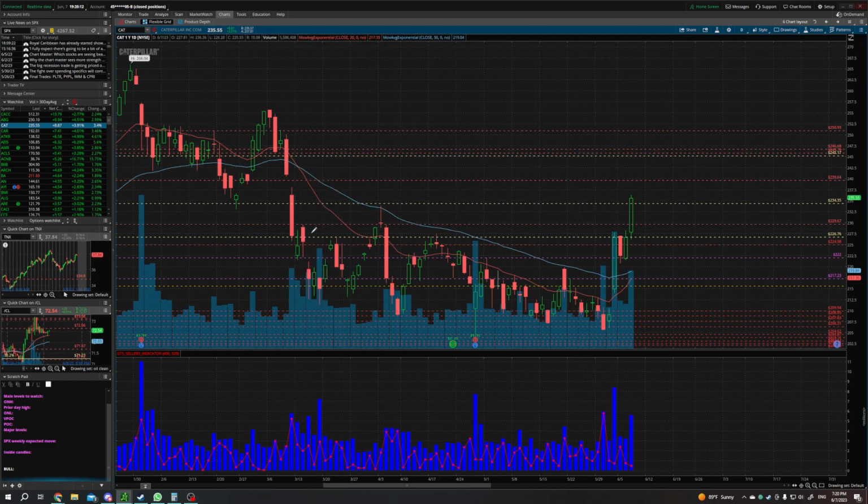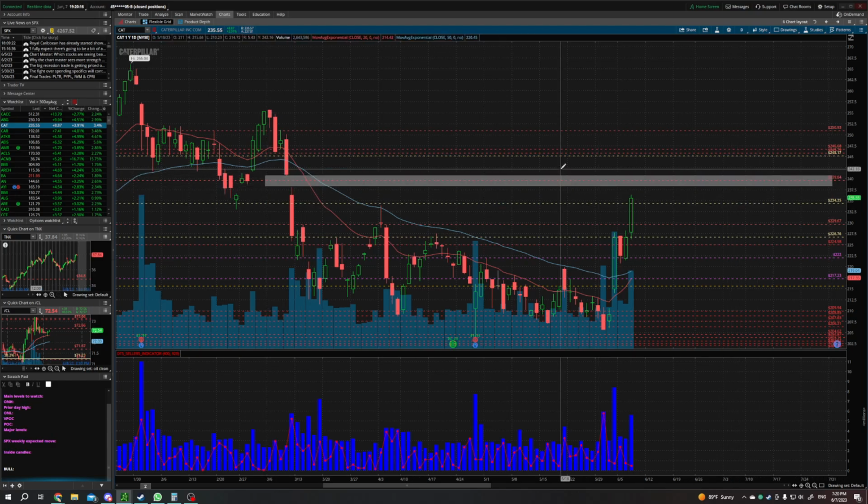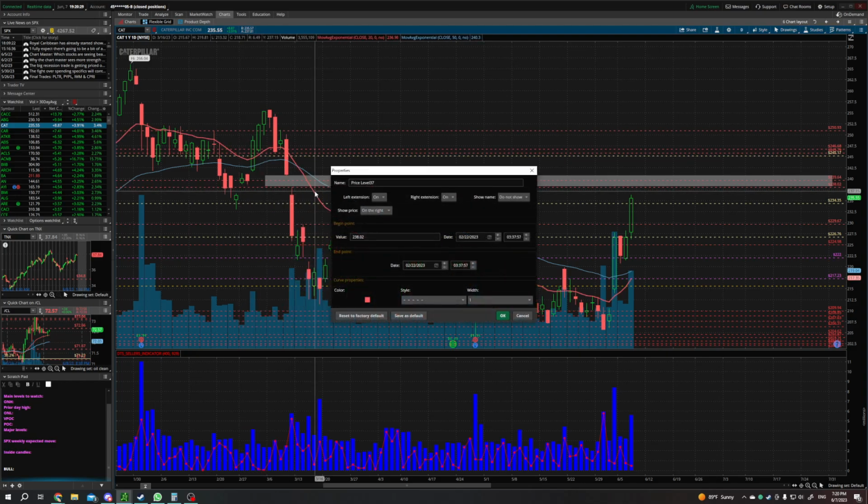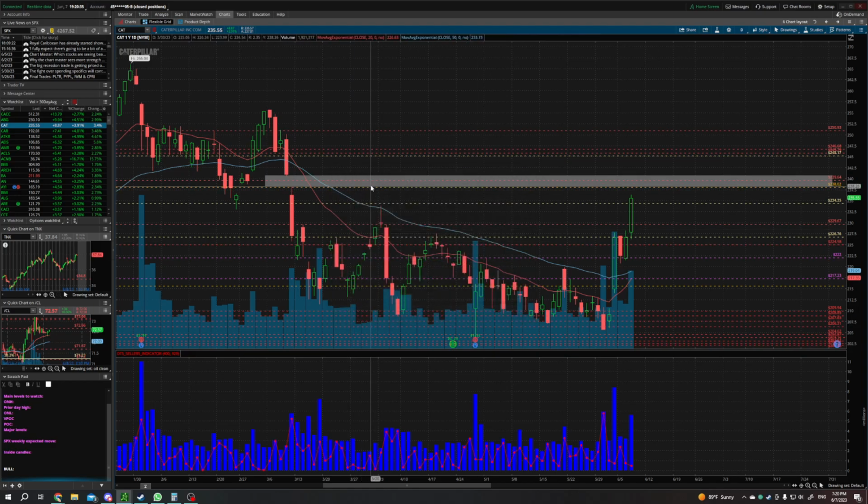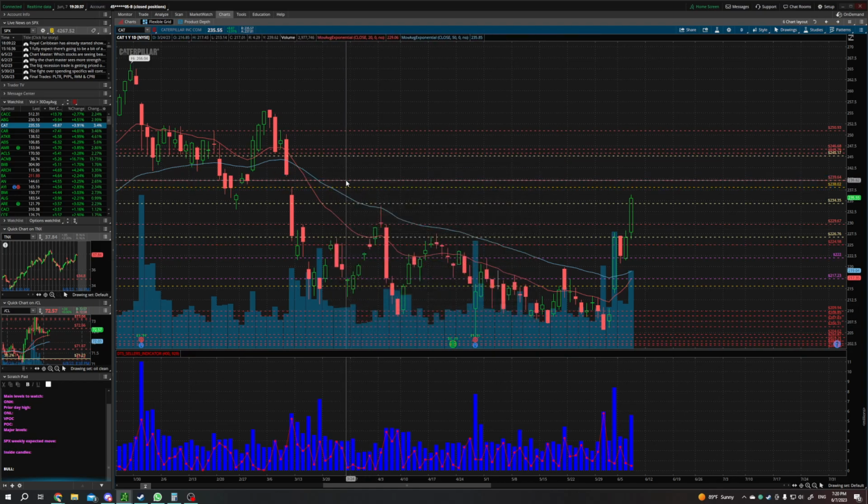We just gotta spot the areas that we're interested in, right? So there's a gap to fill right here. I would expect CAT to probably touch this and have a rejection, and if it makes a clean cut, I will be looking at a possible fill of the gap, so I could take it into this high right here. So I'm just gonna eliminate this level and bring this level right here.